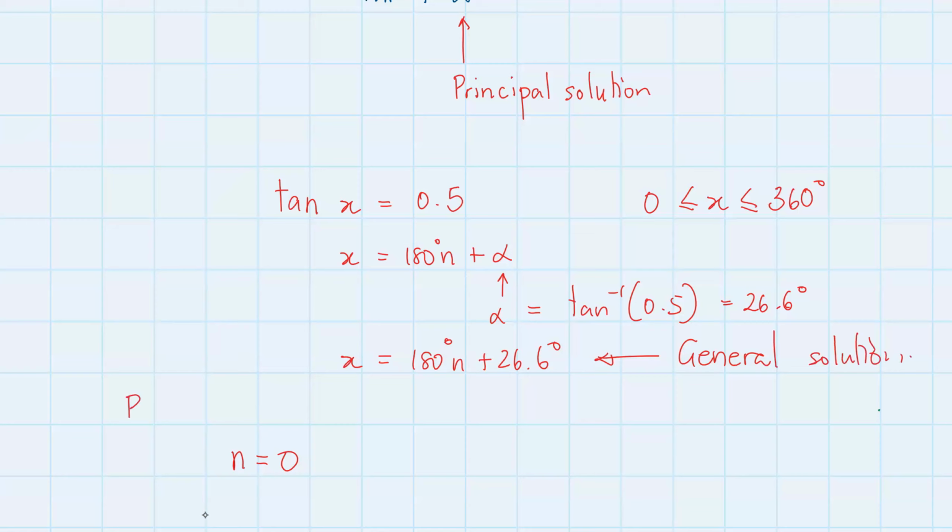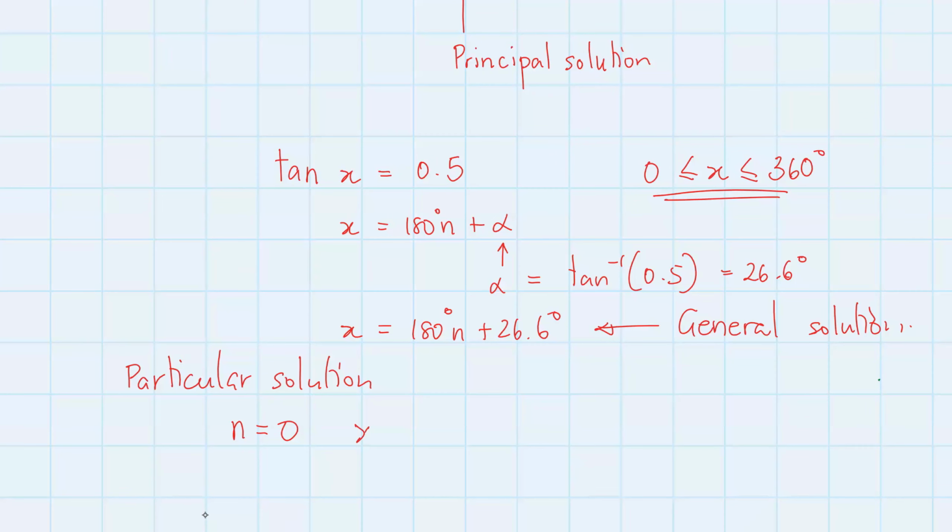And then what I'm finding is all the particular solutions that satisfy this extra criteria. So n equals 0, x0 is, well, that's going to be 0, because anything times 0 is 0, and I'm just left with the 26.6 degrees. Is that between 0 and 360 degrees? Yes, it is, so that's a solution.